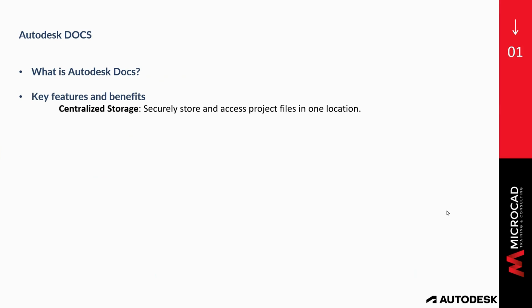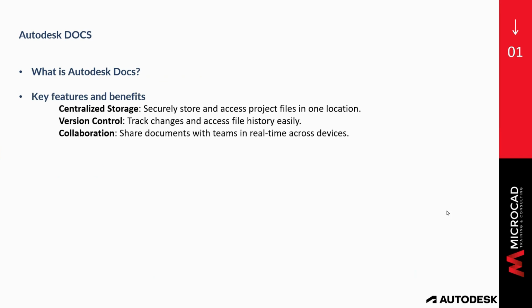Now, some of the key features that you're going to see popping up right here on the screen pretty much let us know the comparison with traditional tools as well. Most of the time, we are going to be working in projects where we don't have centralized storage. So maybe we have multiple different folders, servers, and we are using different software from different companies.